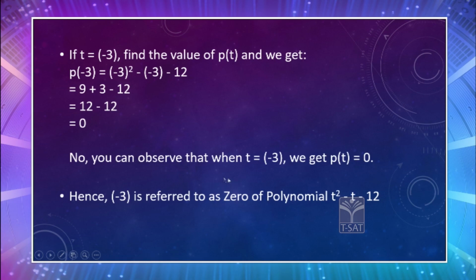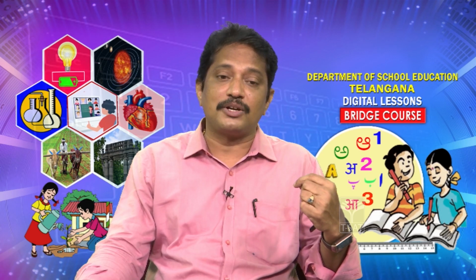Now, you can observe that for t equal to minus 3 we get p of t equal to 0, hence minus 3 is referred to as a 0 of the polynomial t square minus t minus 12. Is it clear? You can verify whether the given value is a 0 of the polynomial or not. So, what is a 0 of the polynomial? Where the value equals 0, that value is said to be a 0 of the polynomial.